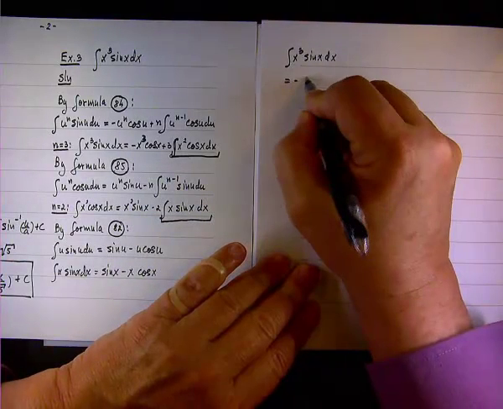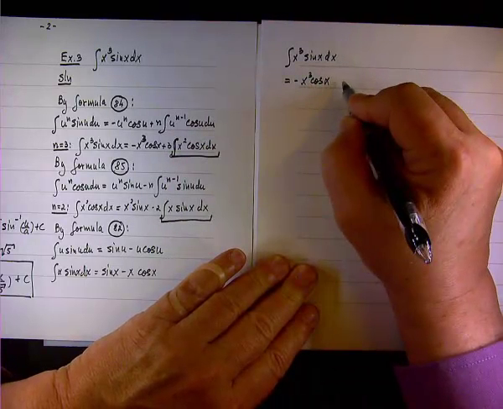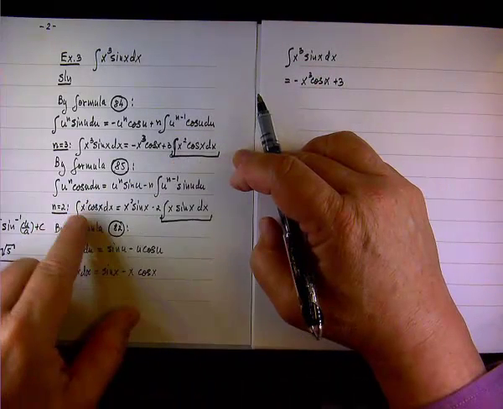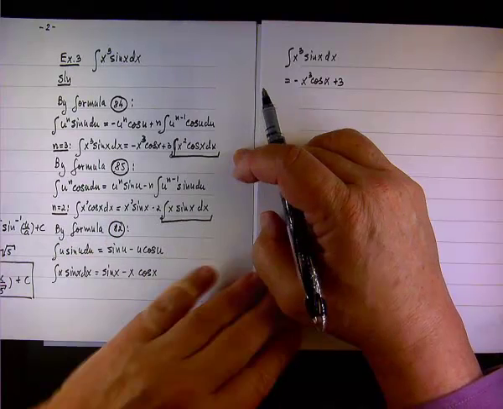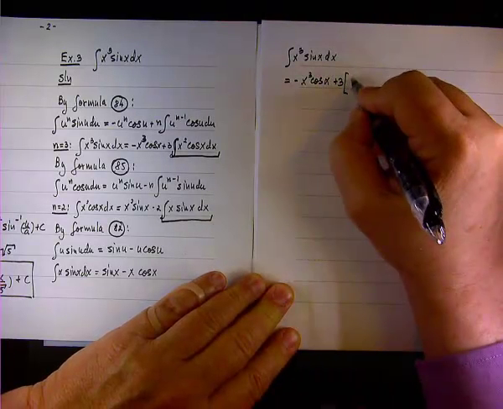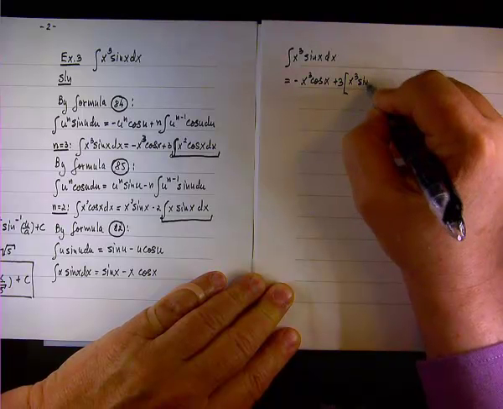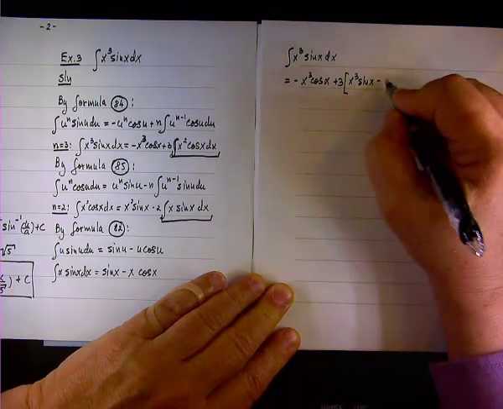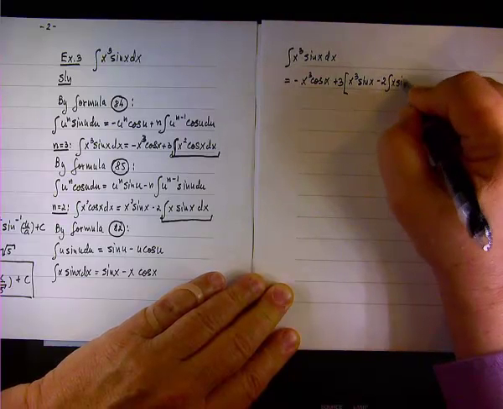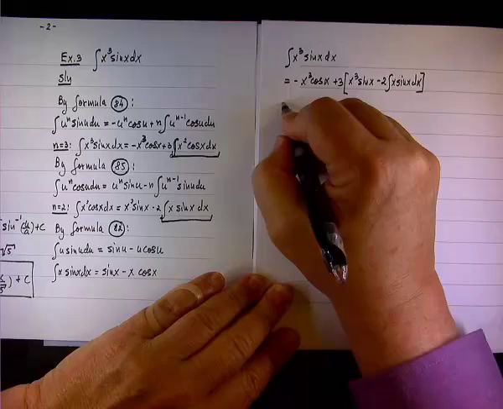So we had negative x cubed cosine x, and then plus 3, and now we go into the second one, and the solution is right here. So 3 times x squared sine x minus 2 times the integral of x sine x dx.